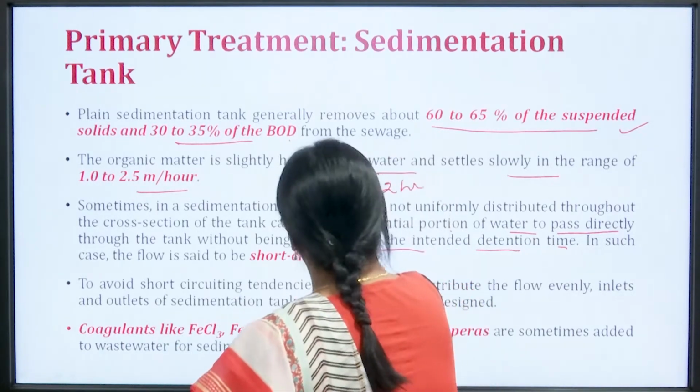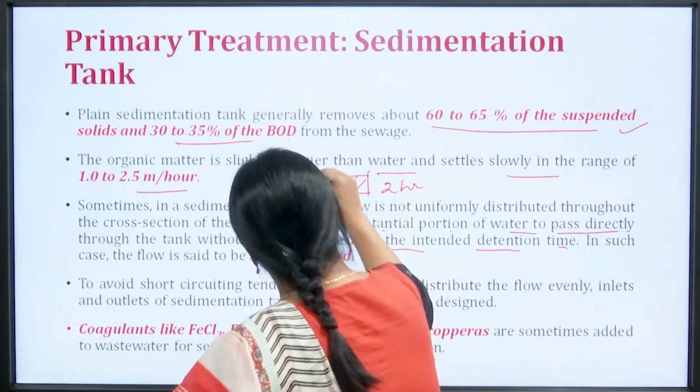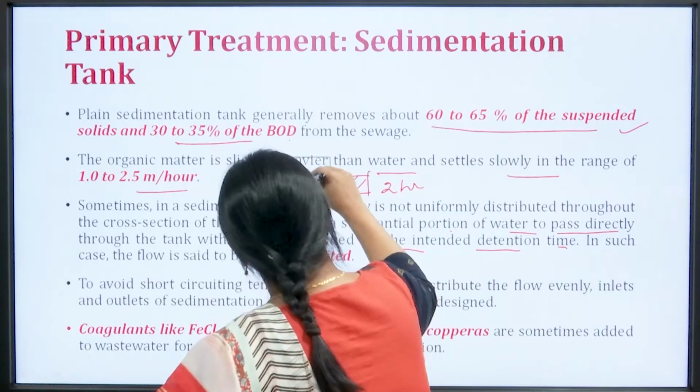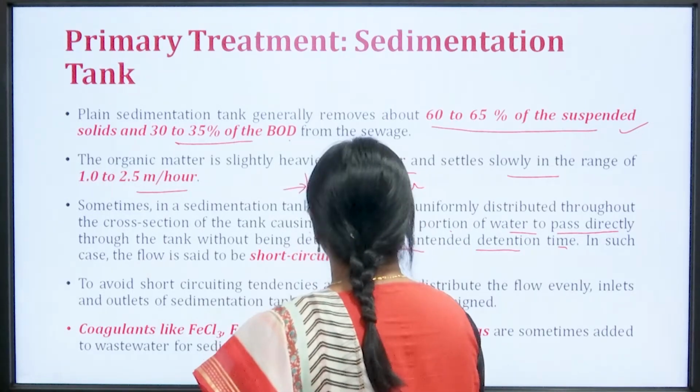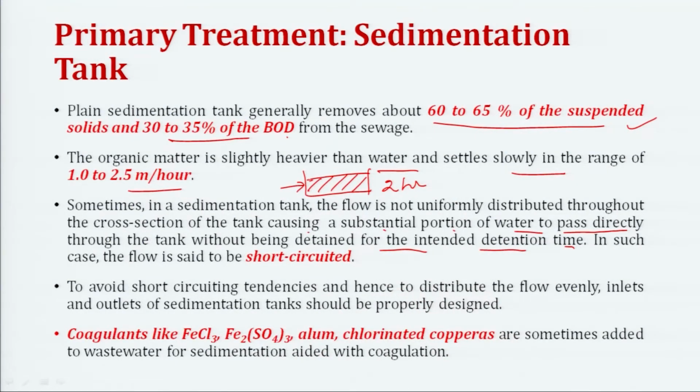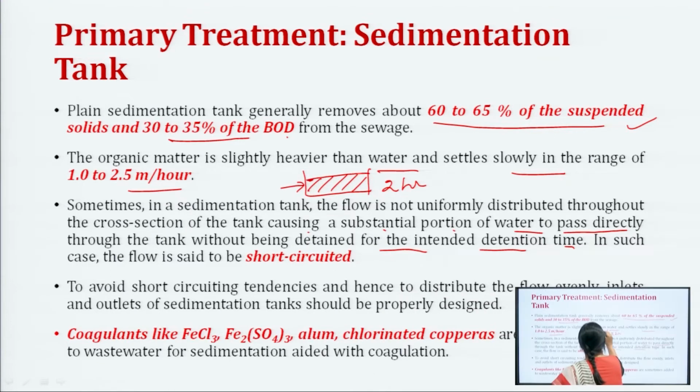If we talk about a particular particle of water, you want it to stay for that time, but sometimes what happens is that it may come and just flow off without staying for the full 2 hours. Say, for example, it goes out here after around, say, 1.2 hours, let us just say. Okay. Then it is not able to settle, so that is called short circuiting.